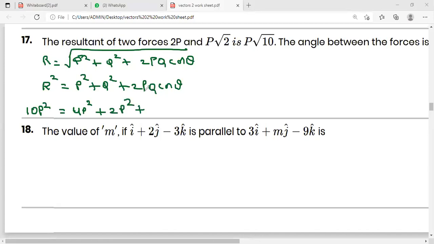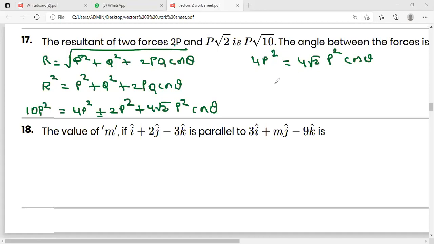Plus 2 into the first vector into the second vector, 2 into 2 into root 2, how much? 4 root 2 p square cos theta. 4p square plus 2p square will be 6p square. If 6p square goes to the left side, it will be 10p square minus 6p square, how much? 4p square equal to 4 root 2 p square cos theta. The p square and p square will get cancelled.